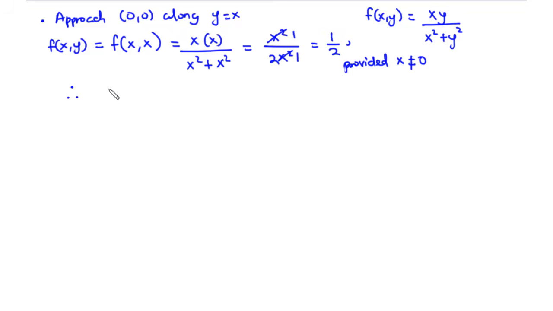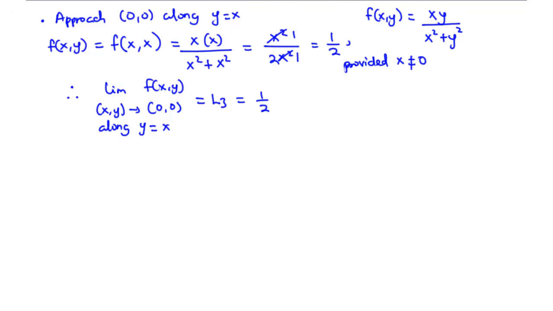Therefore, we write that the limits of the function as x comma y approaches 0, 0 along the line y equals x, which is equal to L3, is equal to 1 over 2. Therefore, since L1 is equal to L2 and that's not equal to L3, it follows that the limit of the function does not exist.